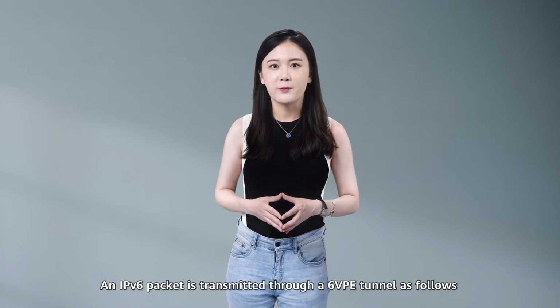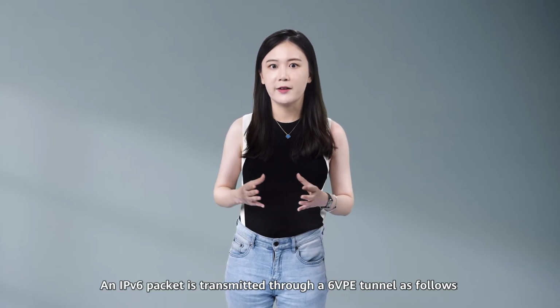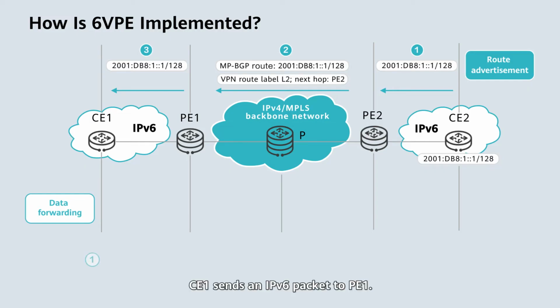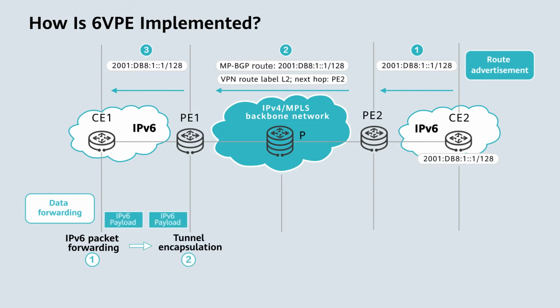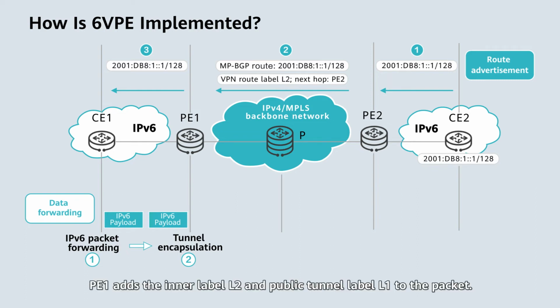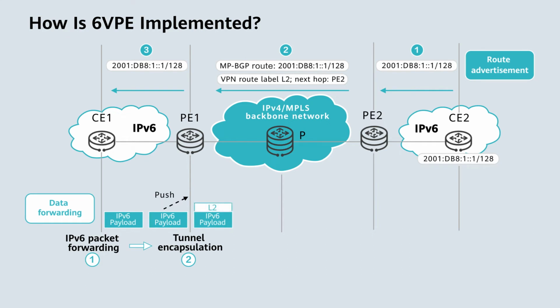An IPv6 packet is transmitted through a 6VPE tunnel as follows. Step 1. CE2 sends an IPv6 packet to PE1. Step 2. Upon the receipt of the IPv6 packet, PE1 adds the inner label L2 and public tunnel label L1 to the packet.